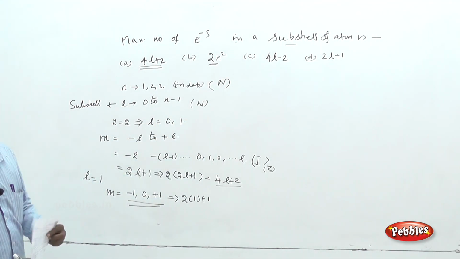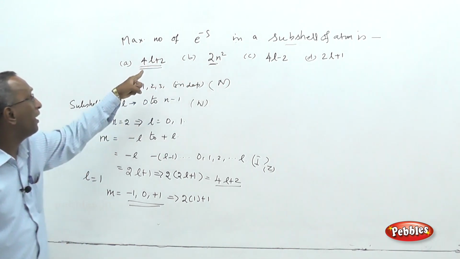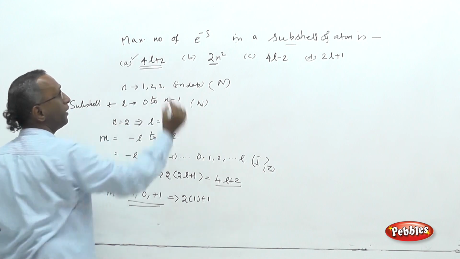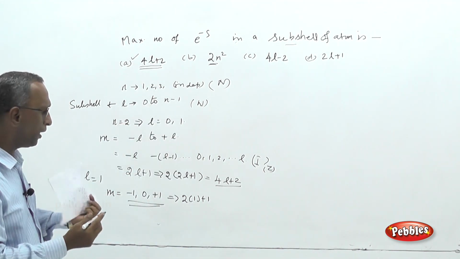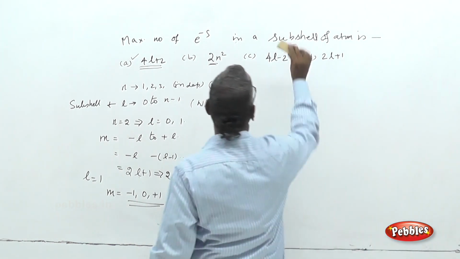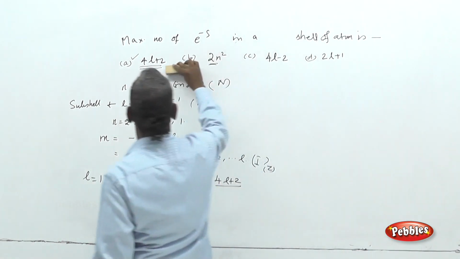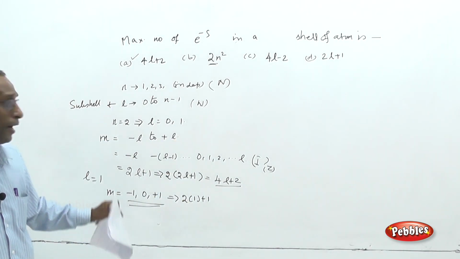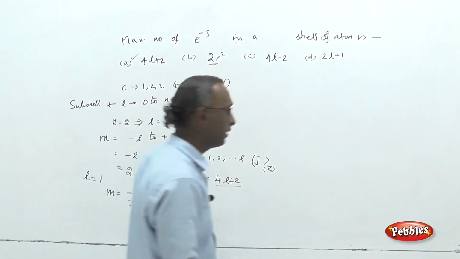If the question is asked about the total number of electrons in a shell, it will be 2n squared. That is to be noted. So for the current sum, the choice is A.